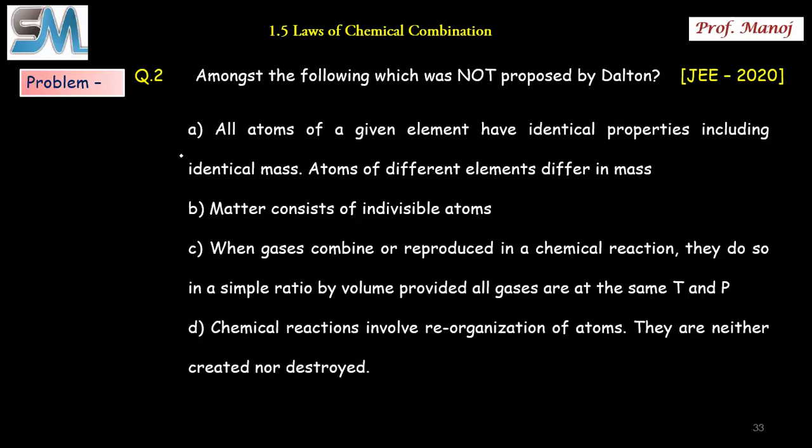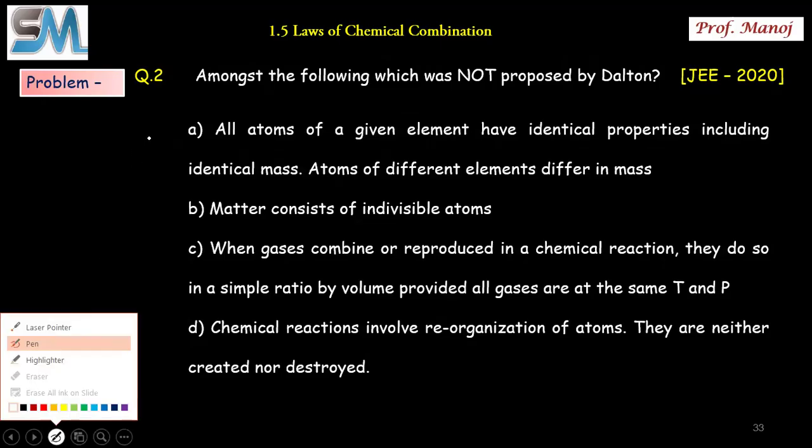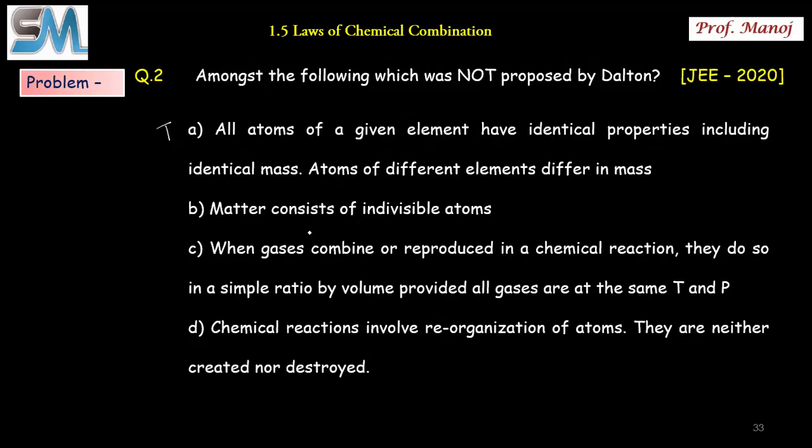Atoms of different elements have different mass. This is, of course, a true statement, as we know. So this is definitely not an answer. Matter consists of indivisible atoms. This is also true. Remember, they are asking not proposed.